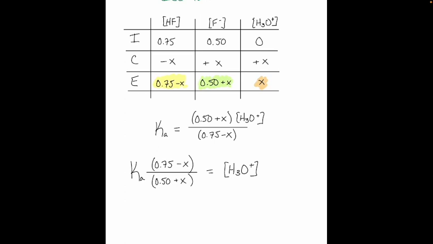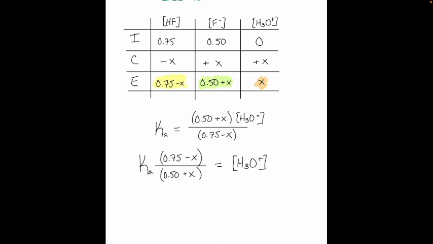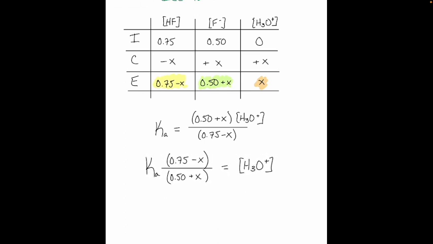And now we're going to get to make a simplifying assumption here that's going to make our algebra a lot easier. If we look up that value for Ka, we see that it's a small number, a reaction that strongly favors the reactant side. So there's not very much reaction that's going to happen. This is the same argument that we made before when we were talking about weak acids. And now it's even more true than before, because when I was doing weak acids, I was adding only to my reactant side, so Le Chatelier's principle pushed stuff towards the products.